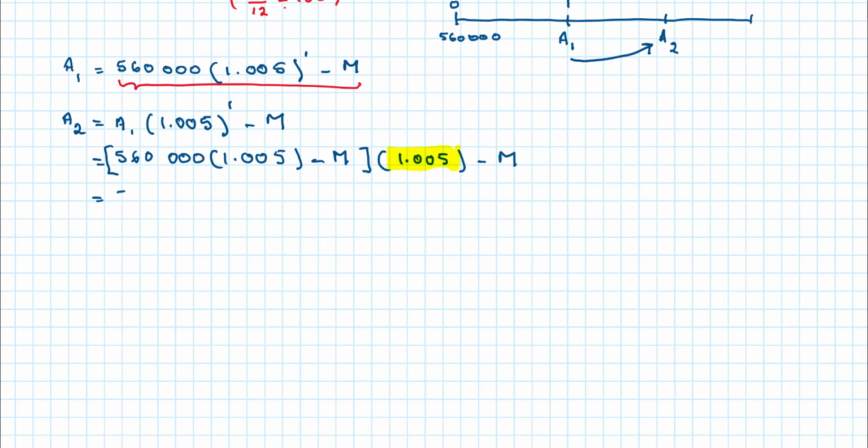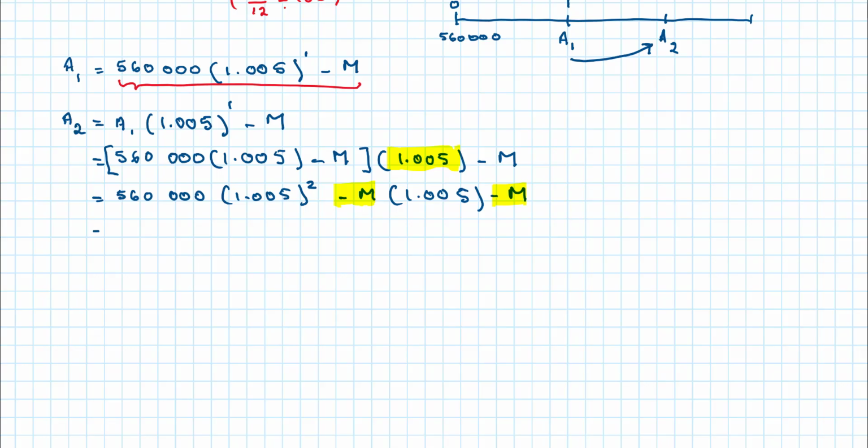So that gives me 560,000 times 1.005 squared minus M times 1.005 minus M. And now I'm going to take a factor of minus M out of these two terms.